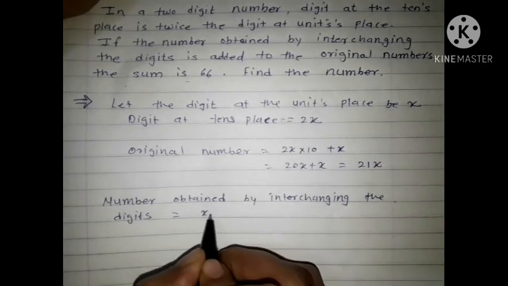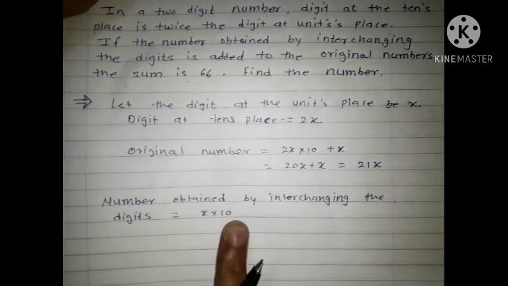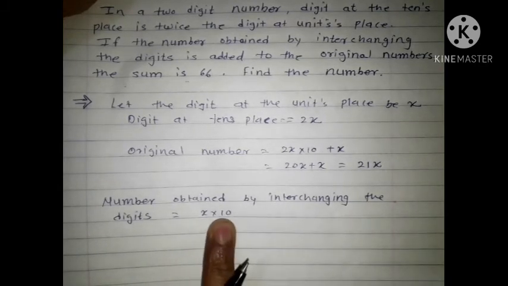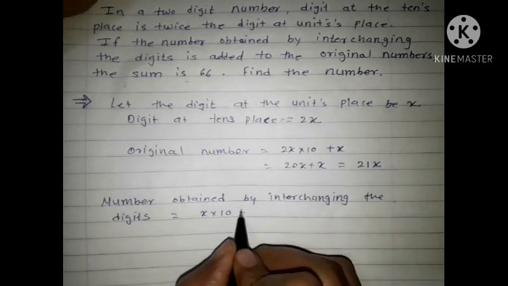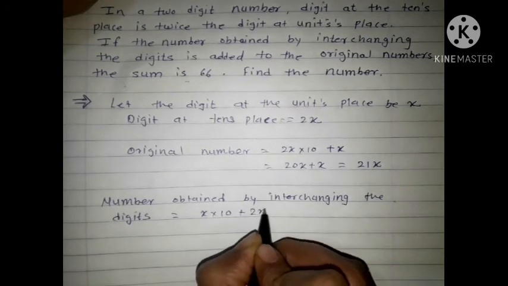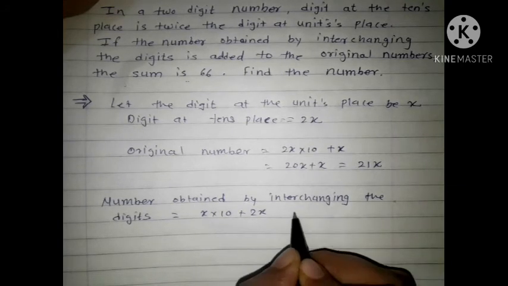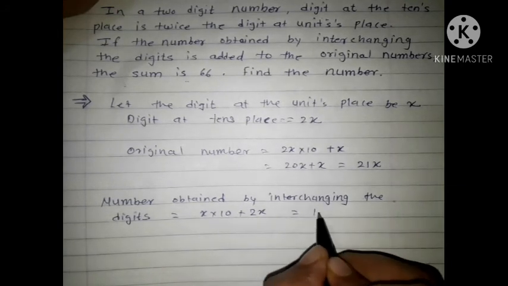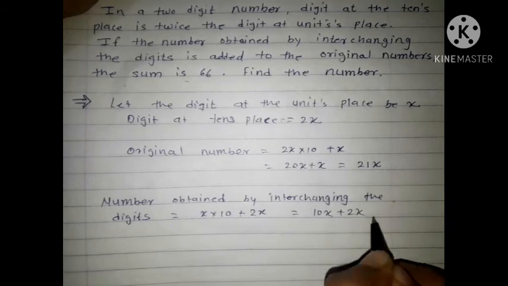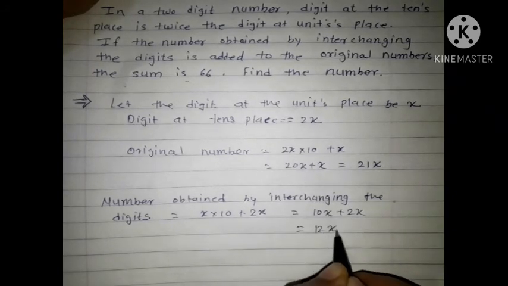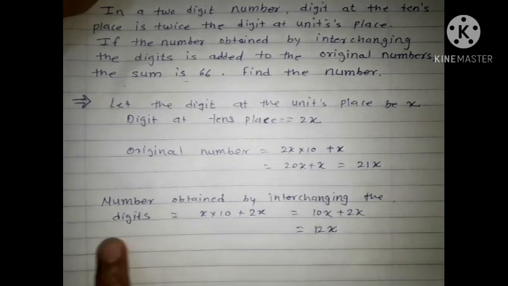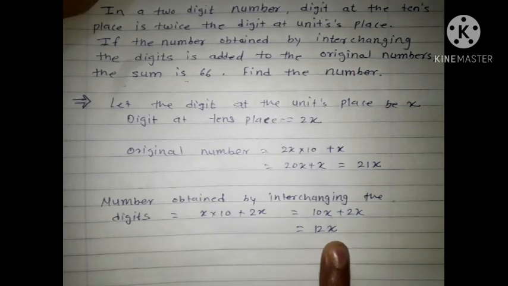Therefore x into 10, because x is at the tens place, we multiply it by 10, plus 2x at the ones place, therefore plus 2x. Therefore the number will be 10x plus 2x is equal to 12x. Therefore the number obtained by interchanging the digits is 12x.